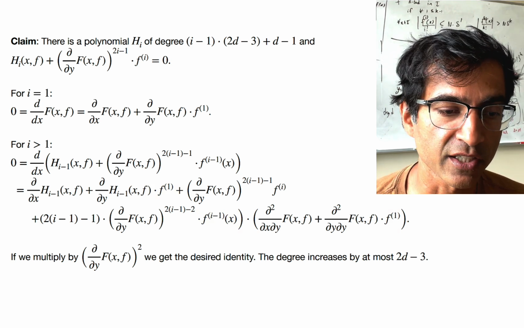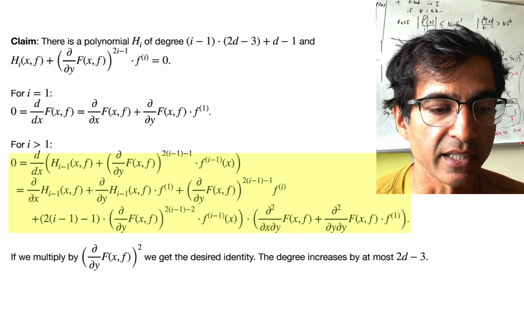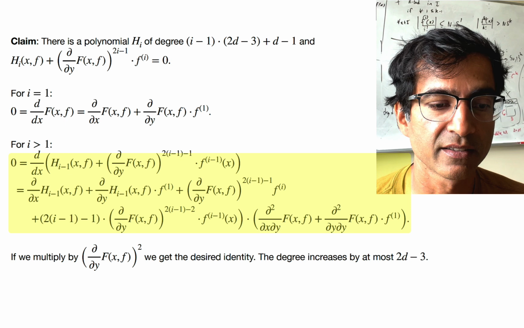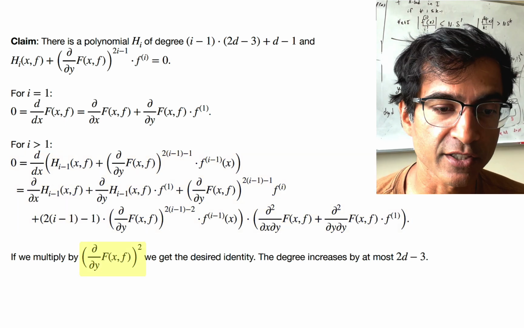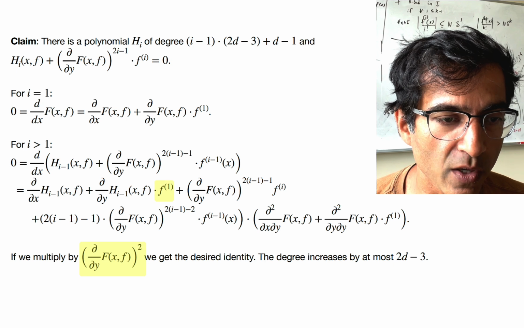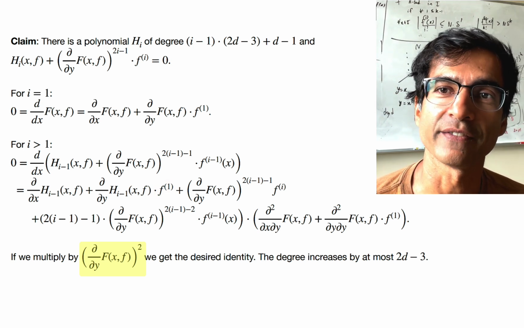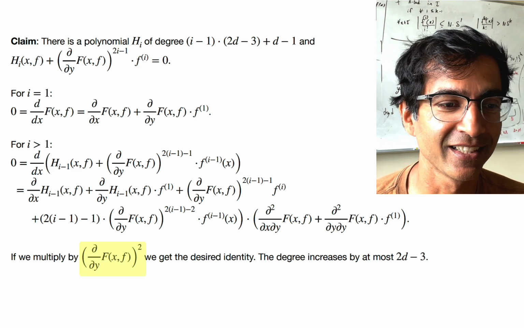If we multiply this expression that you get here by this quantity, then you can apply induction. For example, one copy of this times f_1 can be expressed as a polynomial in x and y evaluated at f, using this identity.